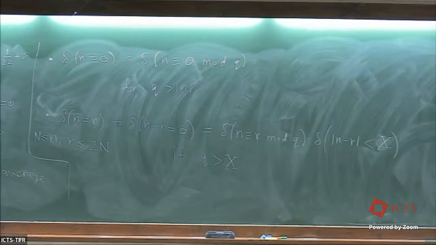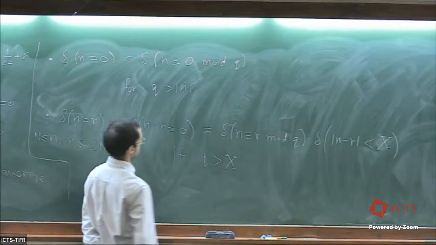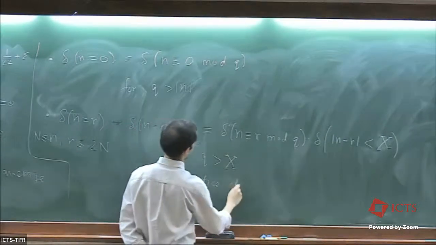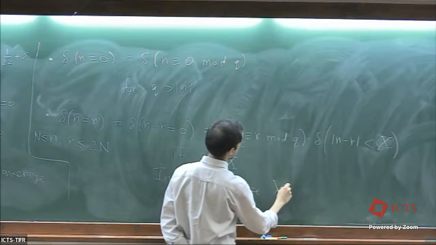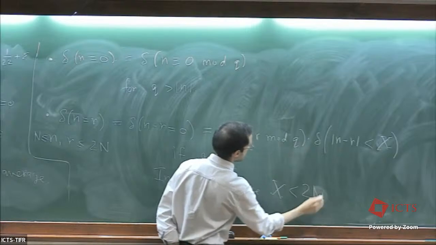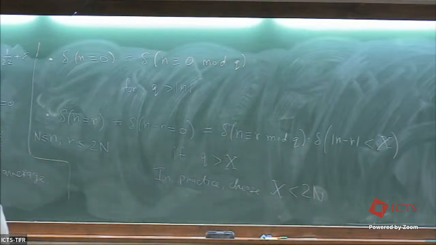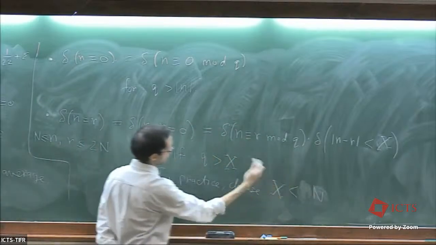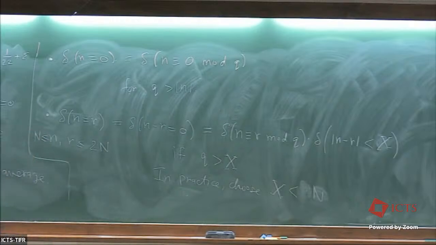Okay. Of course, in practice, it will make sense to choose your big X to be something which is less than the trivial distance between these two numbers. I guess I can just take it to be n. So in practice, we would like to choose X to be strictly less than n, actually less than some power of n.